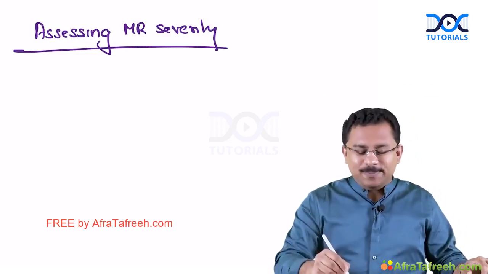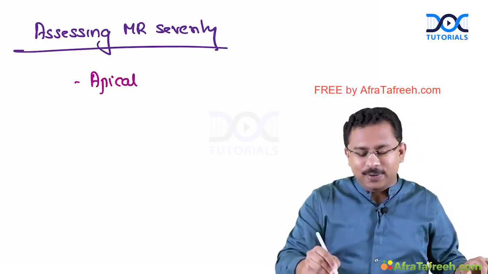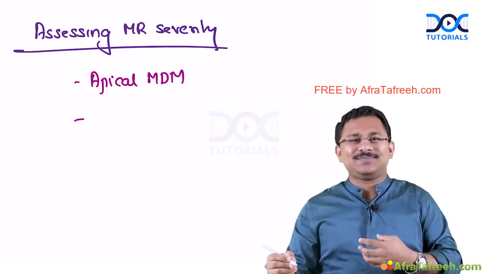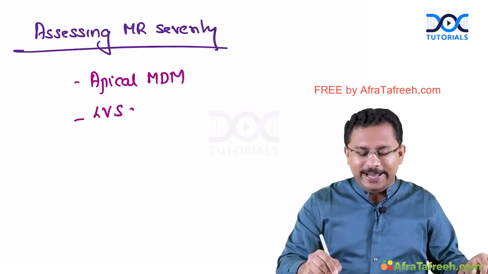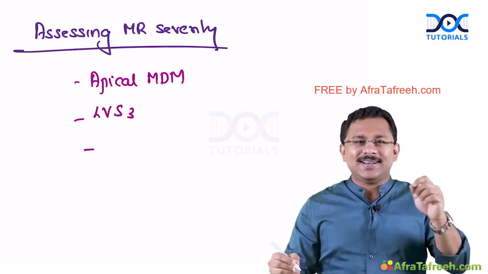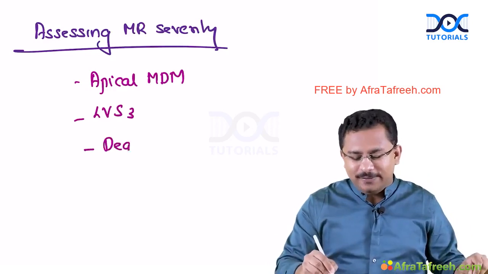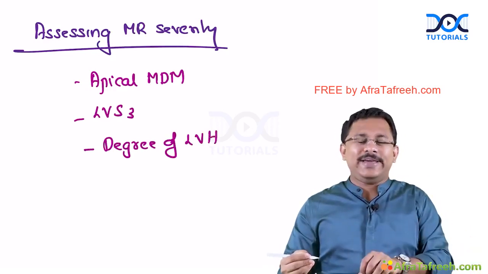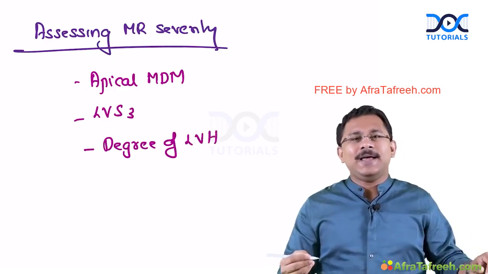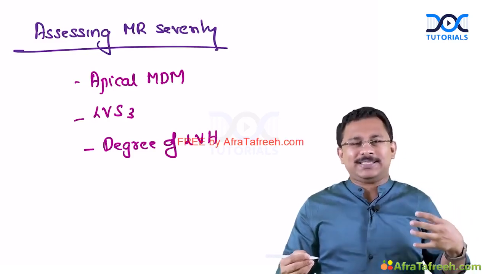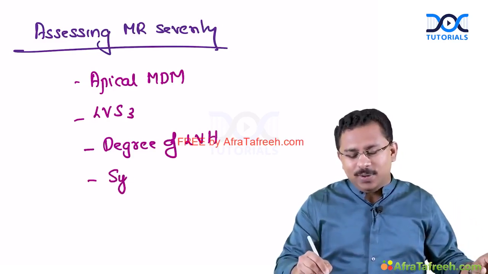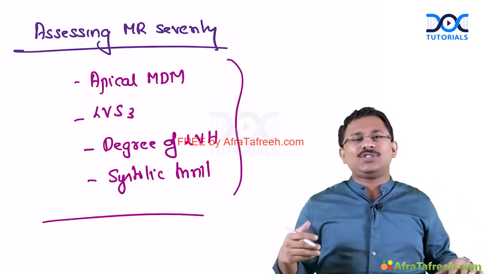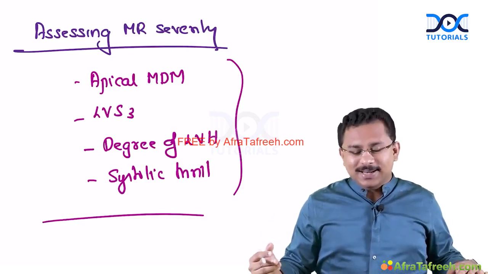Number one is the presence of an apical MDM, which shows it is a severe MR. If you have the presence of an LV S3, which we already discussed, this is a severe MR. Significant LVH also points to a very severe MR. And if you have a systolic thrill over the apex, that also shows the MR is a severe one.